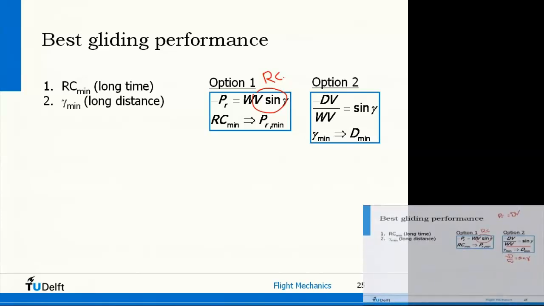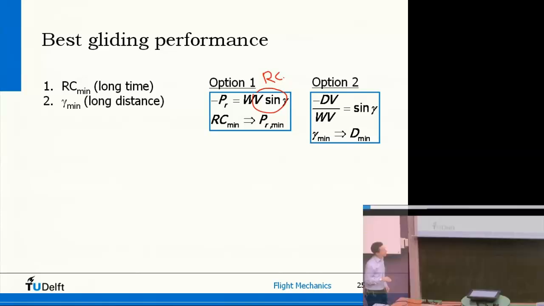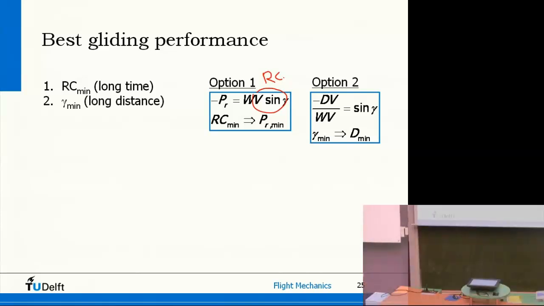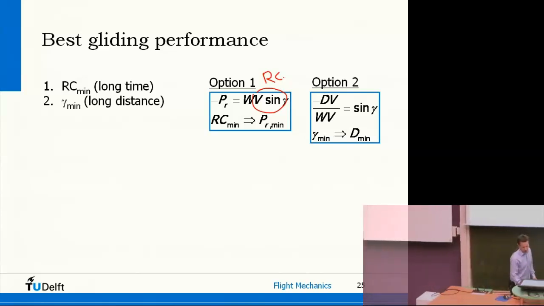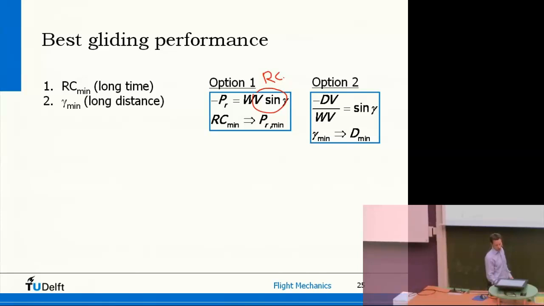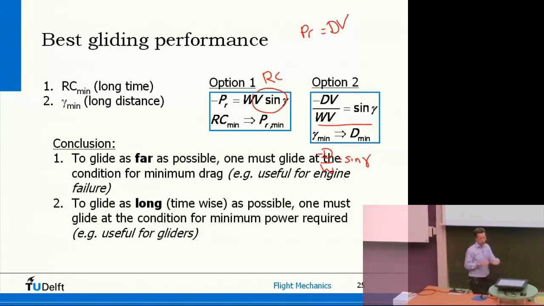So in order to fly as gradually down as you like, you have to actually fly in the minimum drag condition. So that's straightforward. So summarizing, gliding as far as you can, minimum drag, and as long as you can, minimum power.